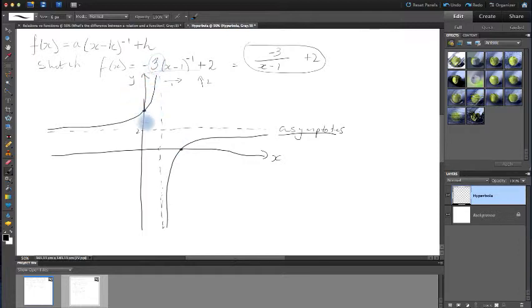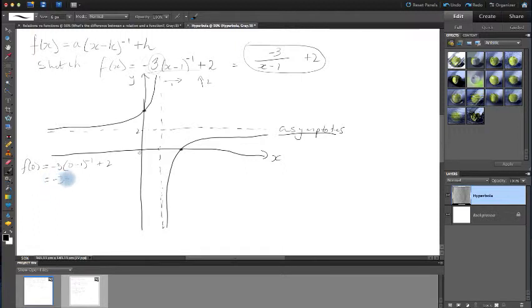So let's first look at the y-axis intercept. That is when the x value here is 0. So let's put x equal to 0 into our equation and see what we get. So we're doing the function of 0 here equals minus 3, 0 minus 1 to the power minus 1 plus 2. So that's minus 3.